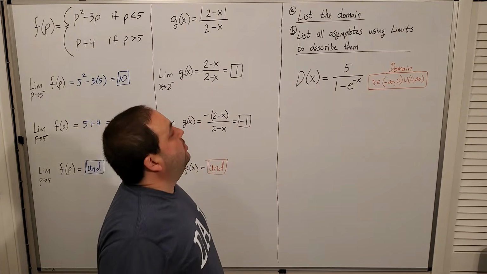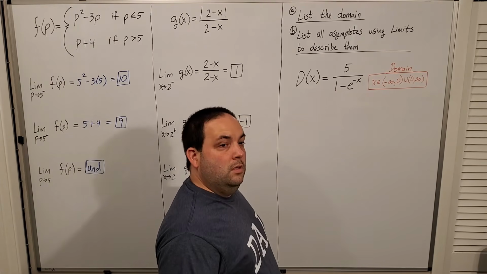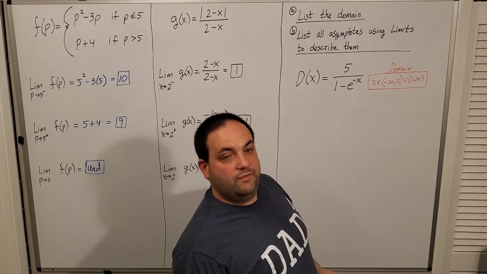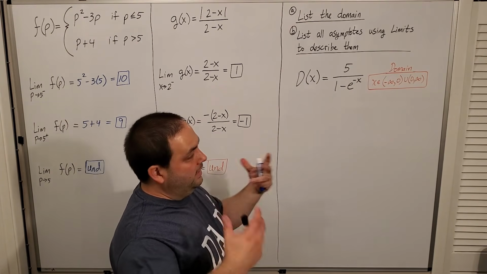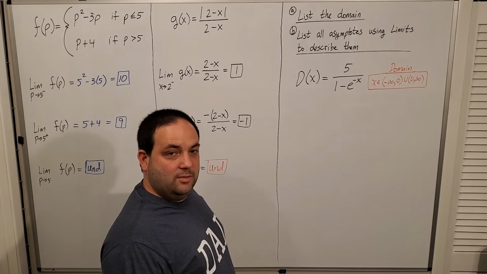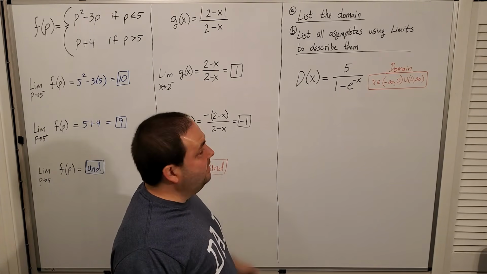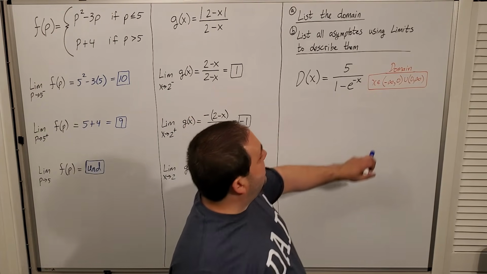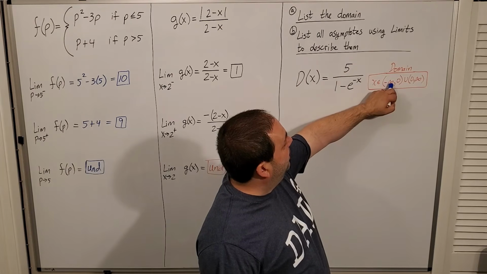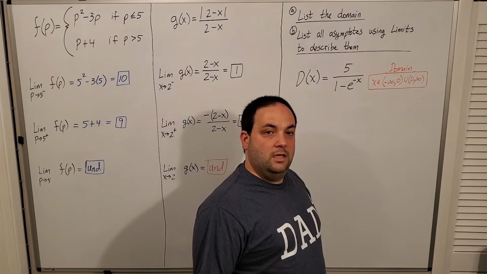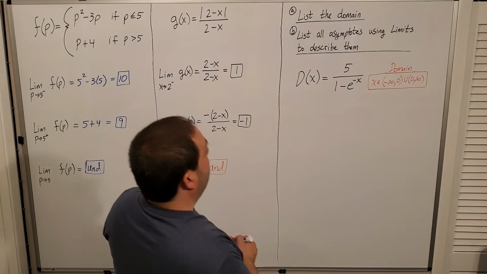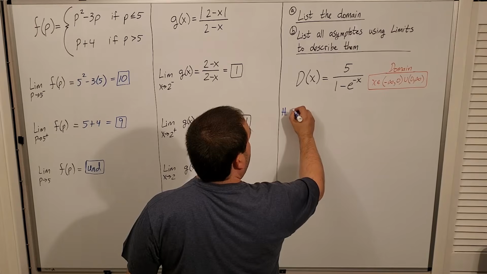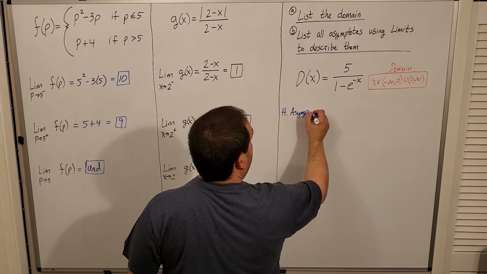Okay, next, let's talk about the asymptotes. Since I have this division by 0, remember division by 0 very often gives us a vertical asymptote. We'll be able to decide that using limits. And on top of that, I'm going to see if there are horizontal asymptotes by using the negative and positive infinity limits as well. So let's start with the horizontal asymptotes.